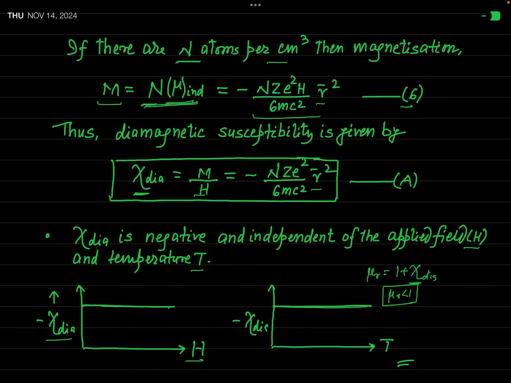Now this is the classical explanation or classical theory of diamagnetism, which is also called Langevin theory. Now, to get the correct calculation of the magnetic susceptibility of diamagnetic material, we will look at its quantum theory in our forthcoming lecture. Thank you very much.